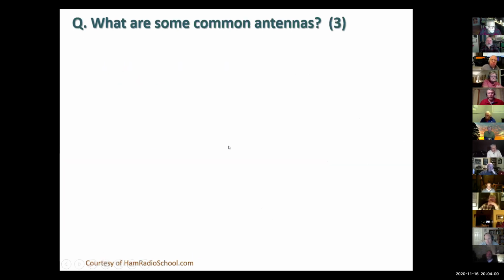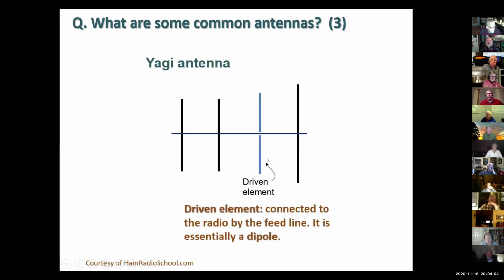And then the last one I wanted to mention was just the Yagi. And here the idea is we want to get some gain out of this, right, and get some directivity. We have our driven element, which is a half wave dipole, and then we put a reflector behind us, which is a little bit longer.